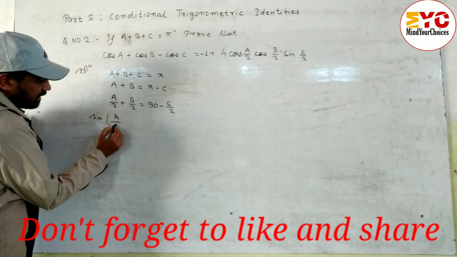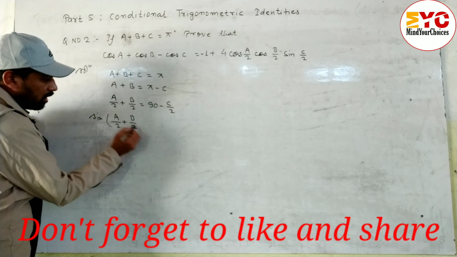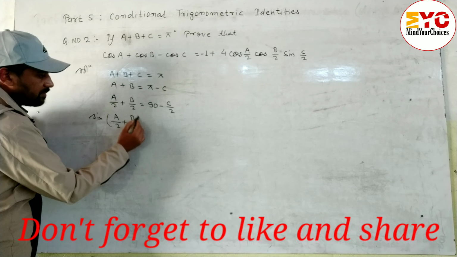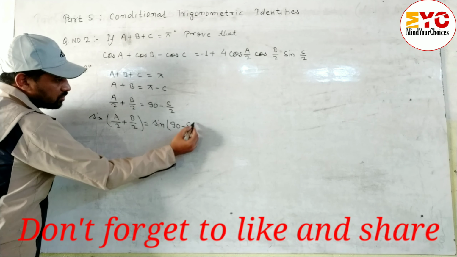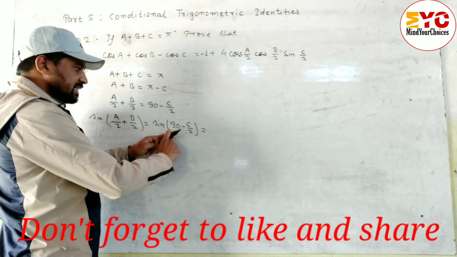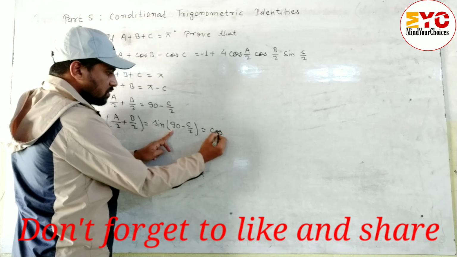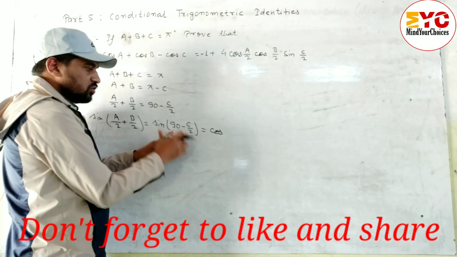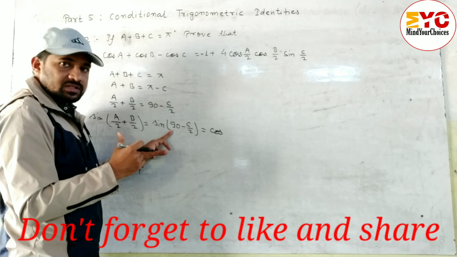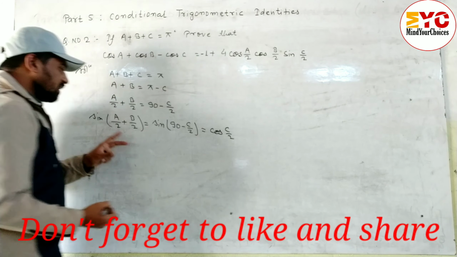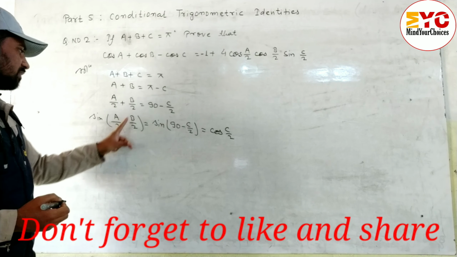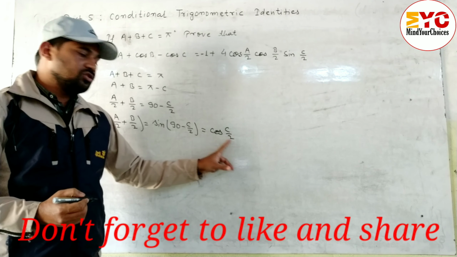So sin of (A plus B) by 2 is equal to sin (90 minus C by 2). 90 means change, sine converts to the form of cos, and 90 minus theta is in the first quadrant, always positive, so cos C by 2. So the value of sin (A plus B) by 2 is cos C by 2.